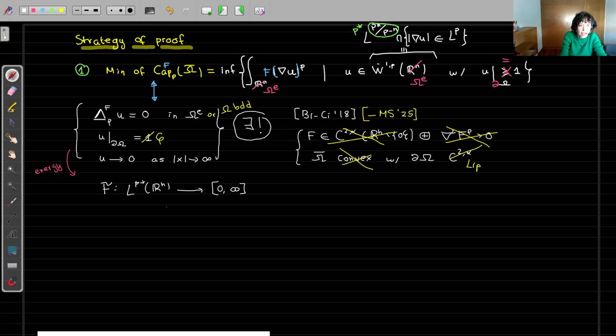That energy is basically the P capacity if we are able to integrate: the integral in the exterior of omega of Fp of the gradient of U, if U is in the homogeneous Sobolev space 1P of Rn, where we fix the value phi on omega, and infinity otherwise.